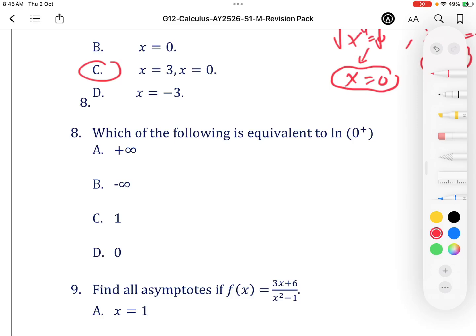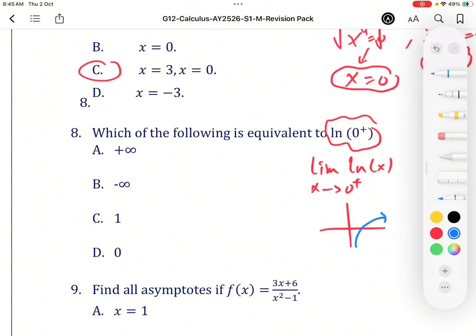Question number 8. Ln 0 to the right should be written as the limit of ln x when x approaches 0 from the right. The graph of ln is like this.